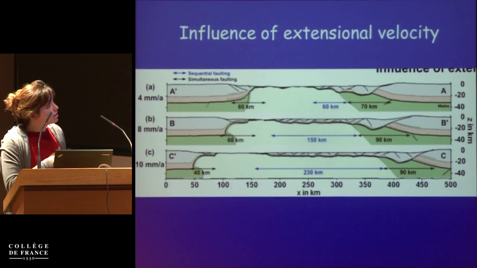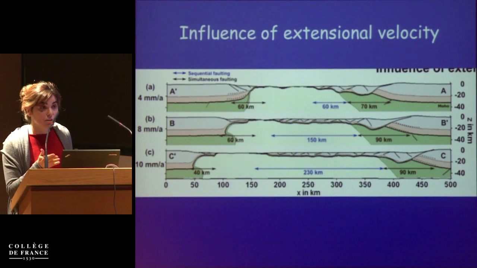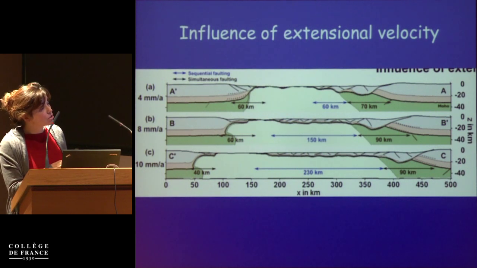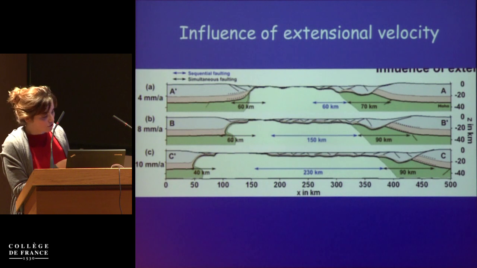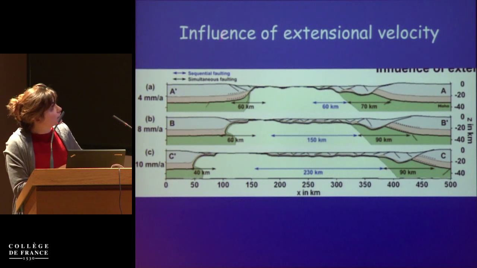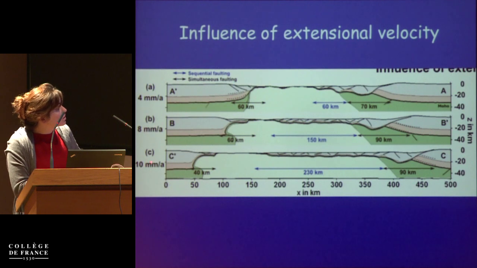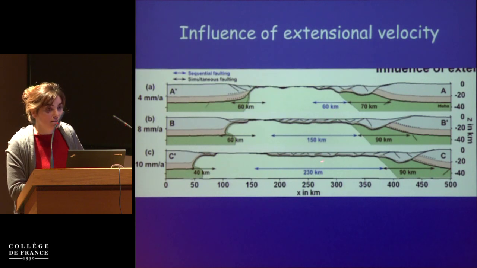So the lower crust can be weak either because it is initially weak or because the velocity of extension is very high and it maintains the isotherms at a higher level during extension. So we can look at the influence of extensional velocity. We see here full extensional velocities going from 4 to 10 millimeters per year, and the phase of sequential faulting increasing from 60 kilometers to 230 kilometers.